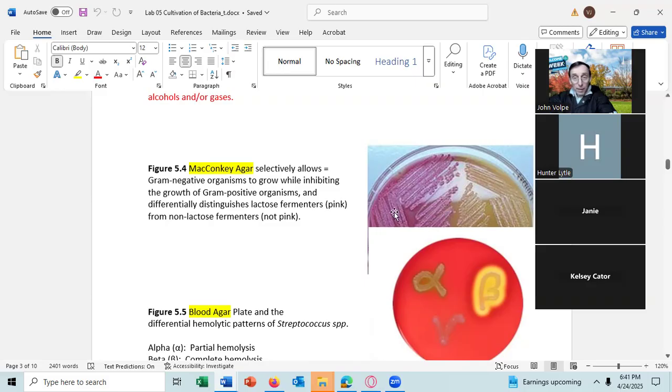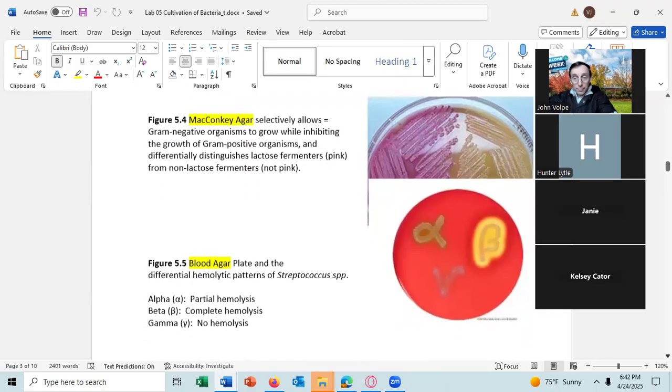They will appear pinkish, and the background will appear pinkish as well, from those that cannot ferment the sugar lactose, and they will be their normal color. The background is its normal color, and then the organism is either white or off-white in color. So that's McConkey's agar. Here's blood agar.